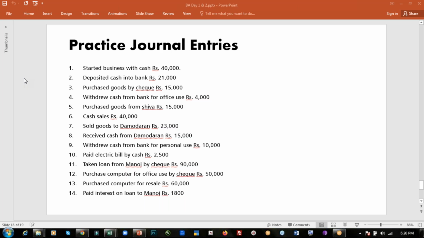Damodaran is a person, so it goes for the personal account. Personal account rules say debit the receiver, credit the giver. So Damodaran is the giver here, and for that reason, Damodaran goes for the credit. Cash account debit to Damodaran account will be the entry. If you guys have any confusion in this, you can ask.